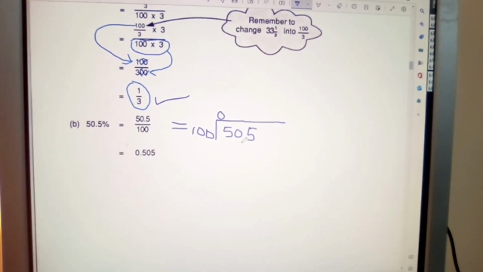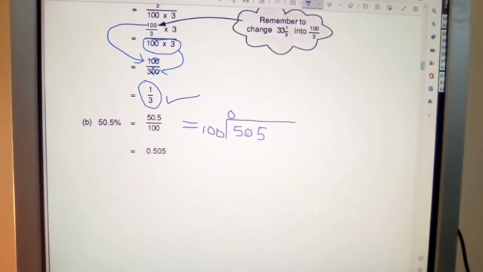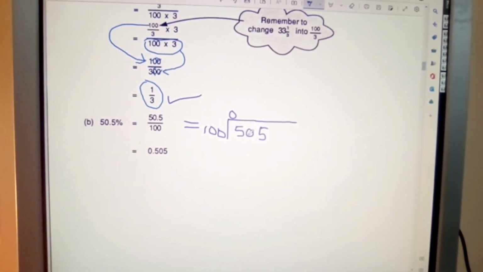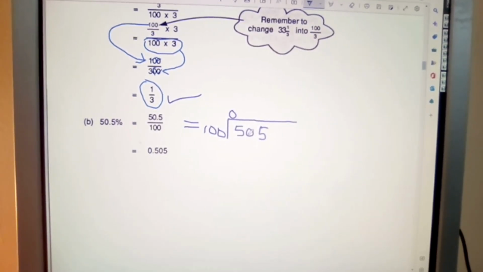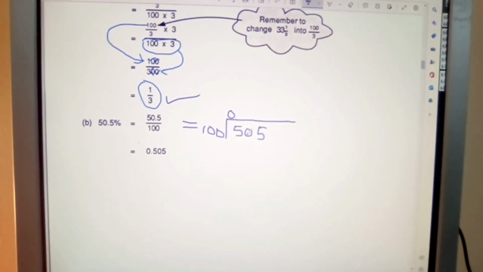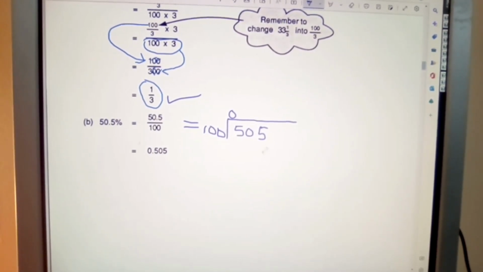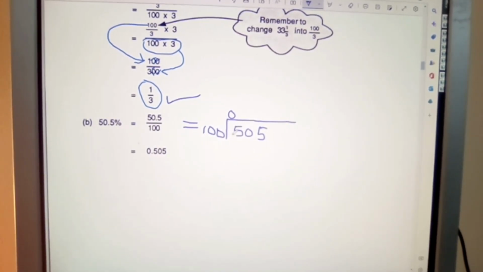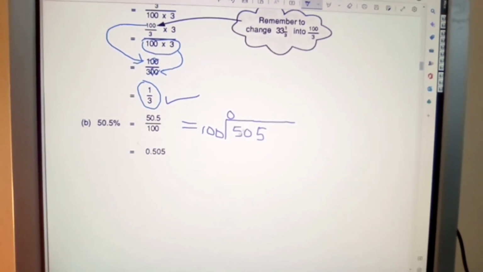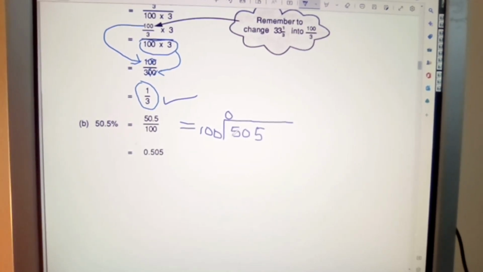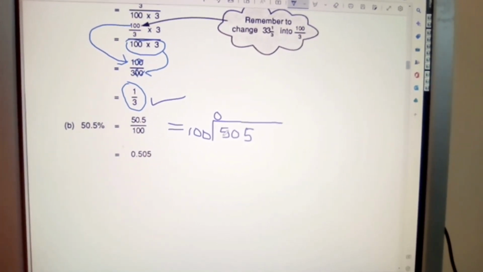100 into 50. Well, I said 150 won't go. I said 100 into 5 will not go, but that's just me looking at it from a simplified version.